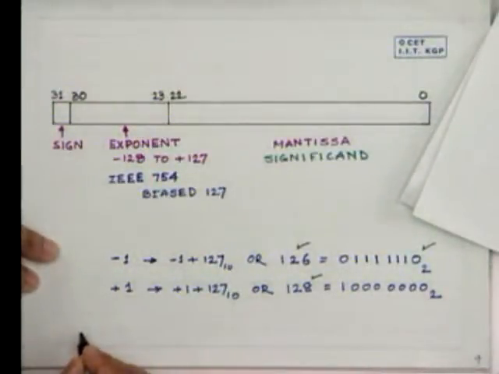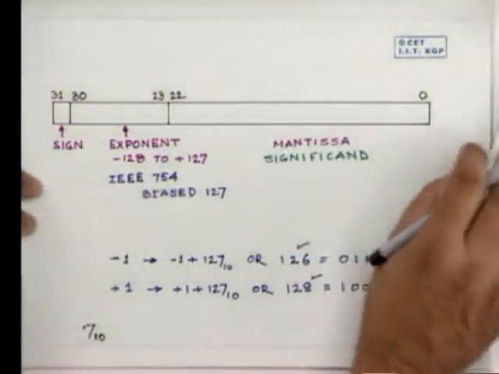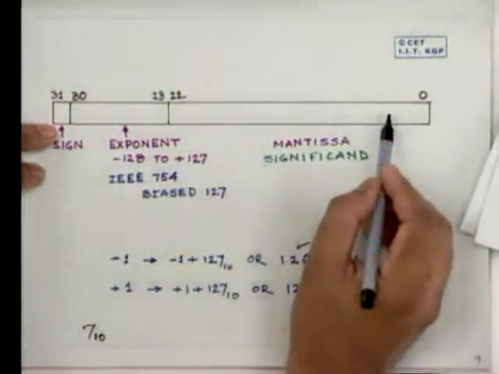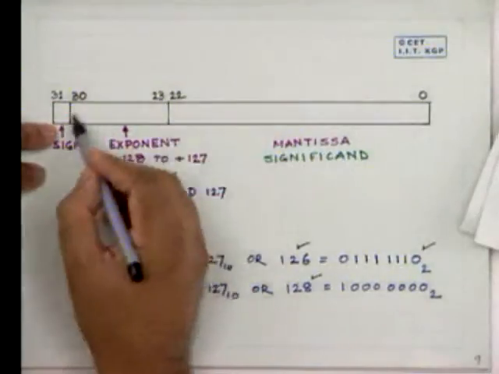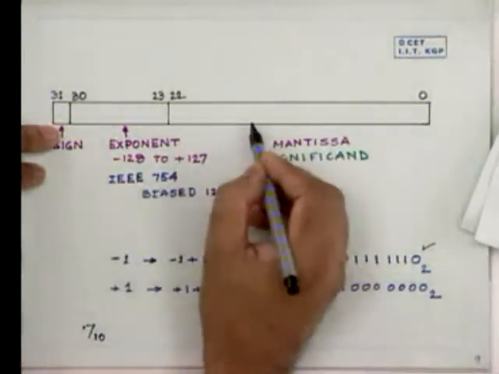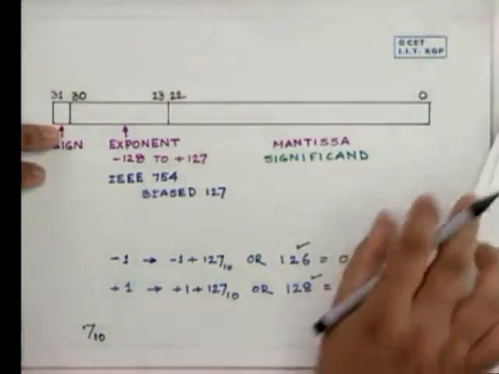So for example, if you take decimal 0.7 and try to represent it with an 8-bit exponent and 23-bit mantissa, you'll immediately find it's very difficult to represent 0.7 exactly.